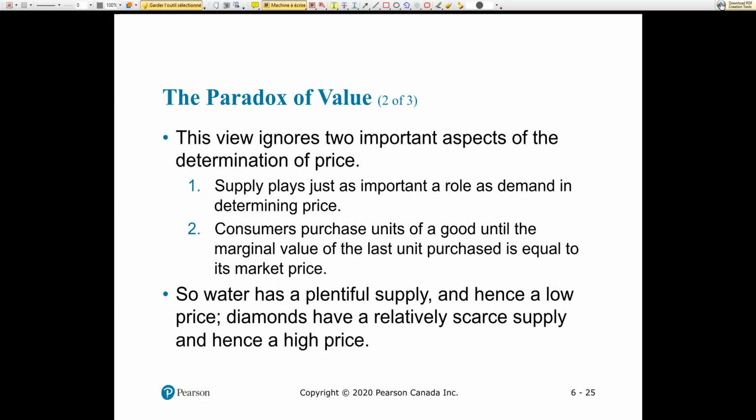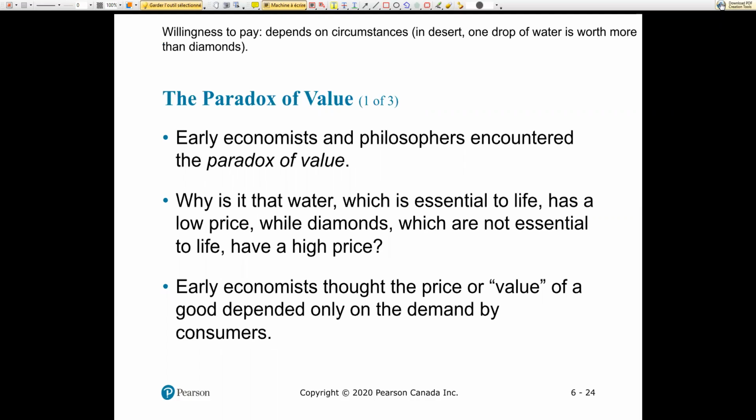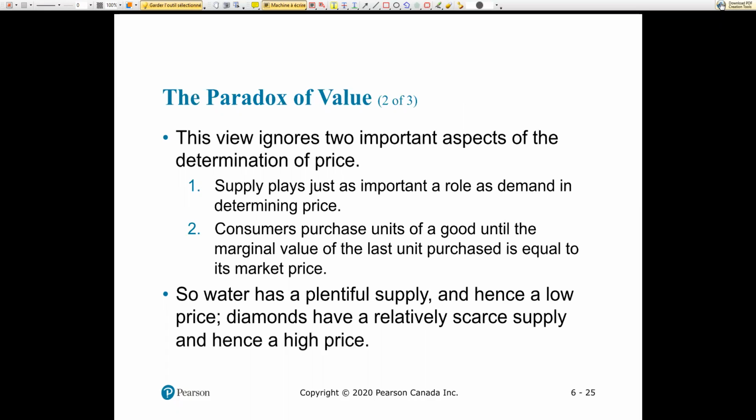And the importance of supply and demand has been known by people much earlier than Adam Smith even. So that's the gist of it. Water has a plentiful supply, so low price.